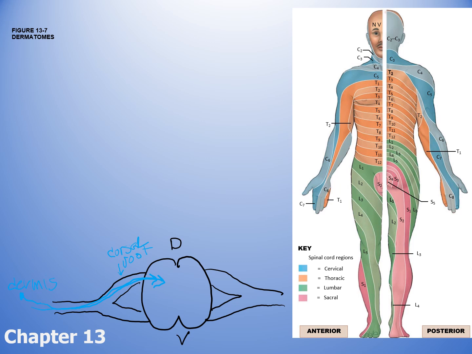In each level of your spinal cord, there is one neuron on either side that is coming from your skin. It is called the cutaneous branch of that spinal nerve. And what it does is it innervates the dermis of a specific area of skin, and it brings sensory information into the central nervous system.